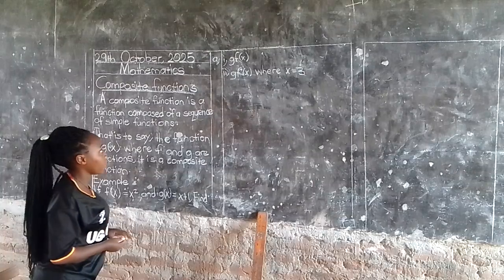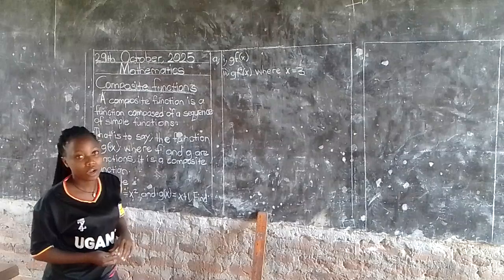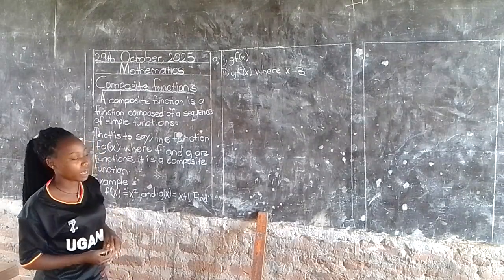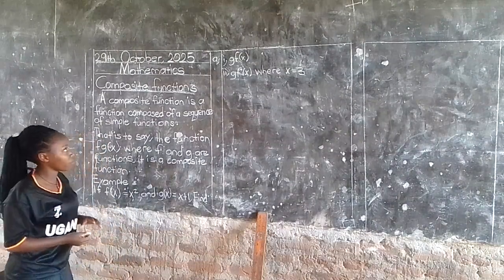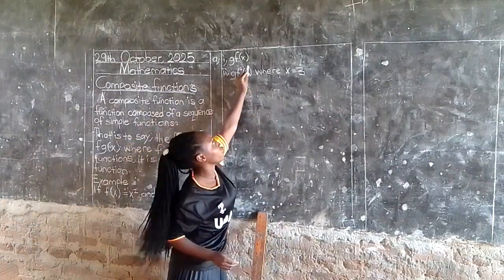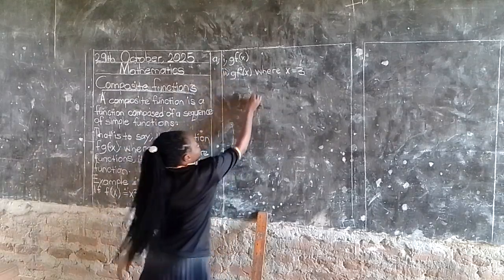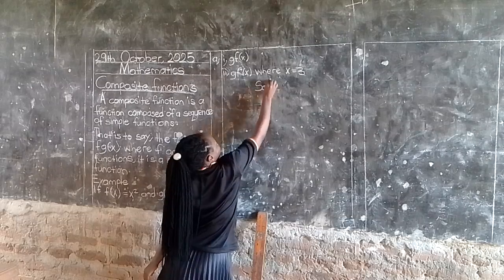Now for part A, Roman 1, they are telling us to find g of f of x. How do we start? Since we have g of x, we are going to substitute this f of x into g. Here we go. We start our solution.